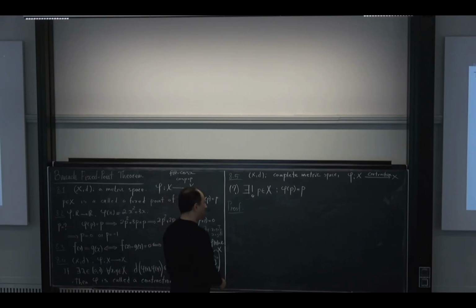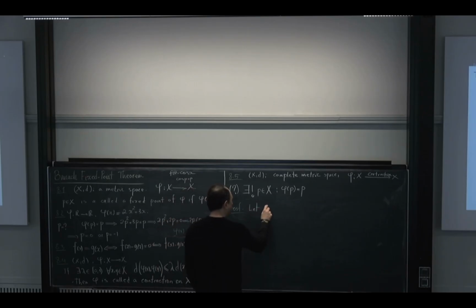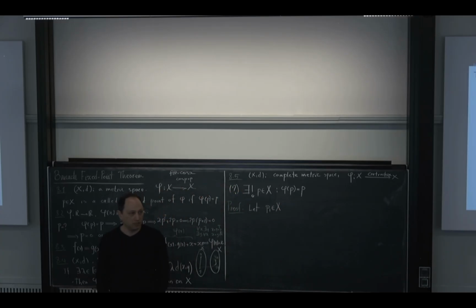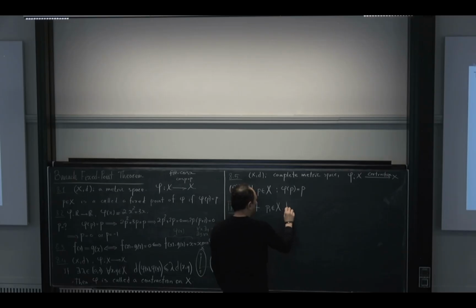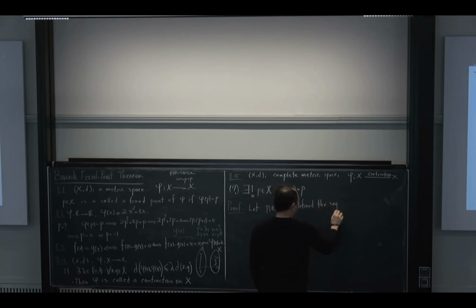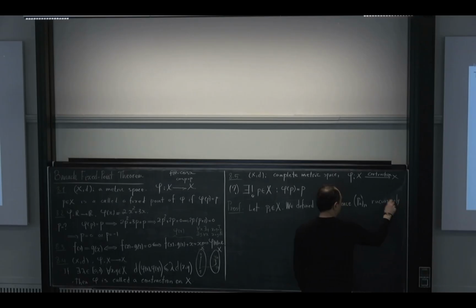So we say that let P1 be in X. So you can choose it even randomly. You choose one P1 from your space, whatever that point is. We define the sequence Pn recursively as follows.